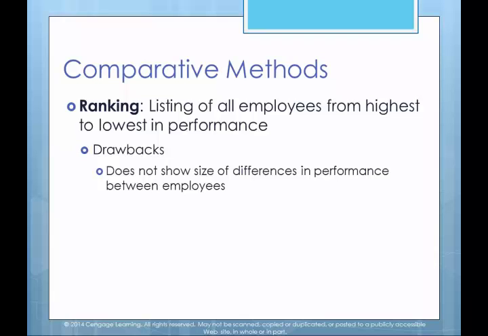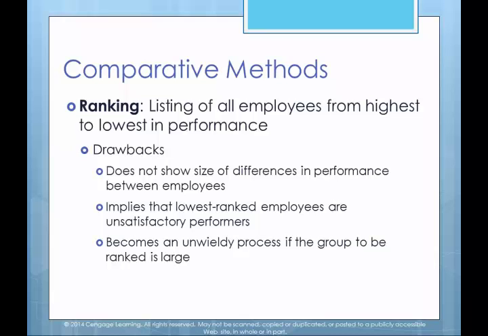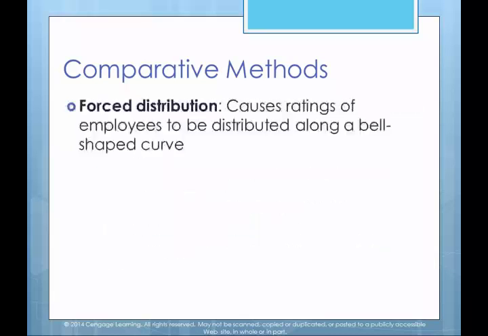Ranking can have its challenges. It does not show size of differences in performance between employees. It implies the lowest ranked employees are unsatisfactory performers and becomes an unwieldy process as the group is too large to rank. Smaller companies tend to use the ranking system.